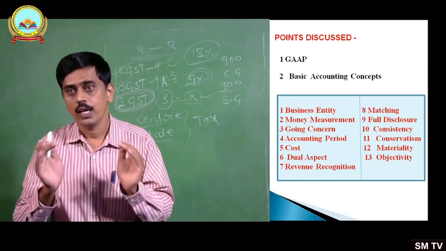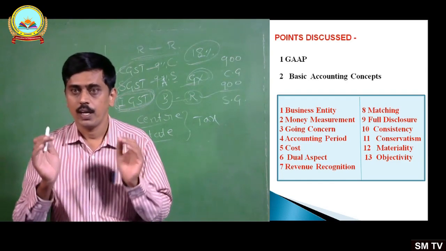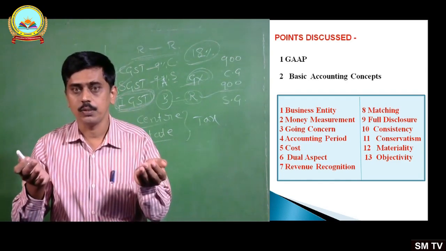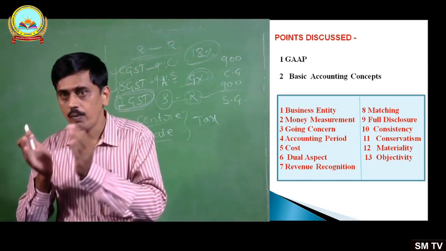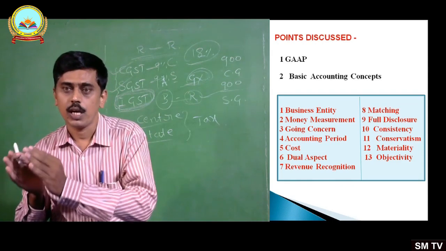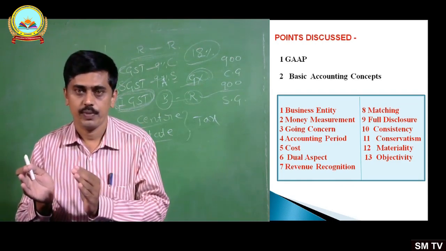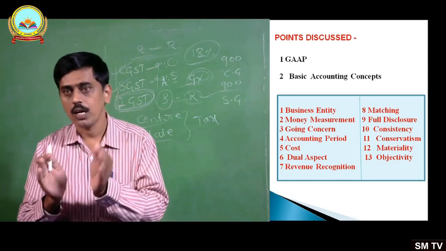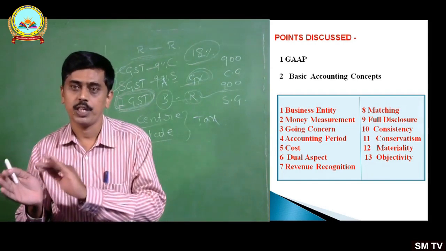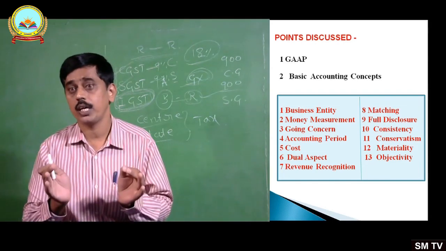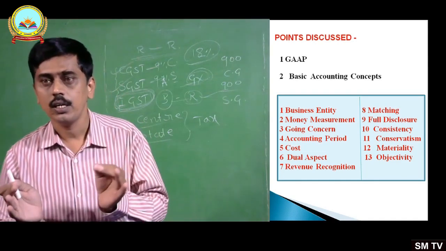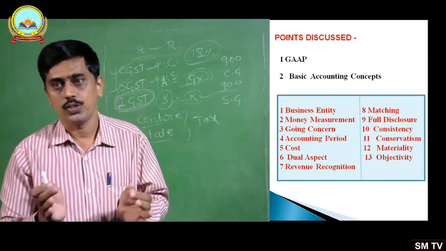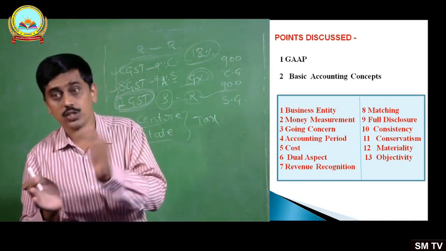What it says, assets of the business are always equal to the liabilities plus capital. Assets of the business are always equal to the liabilities plus capital. This is the fundamental equation, I said, on which the entire accounting is based, or entire double entry system of accounting is based.